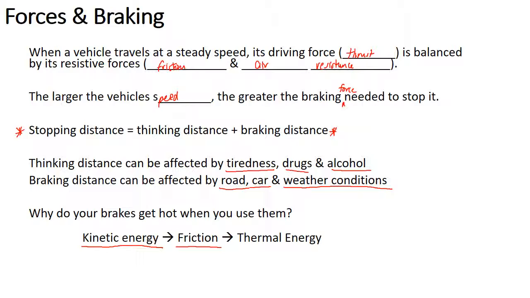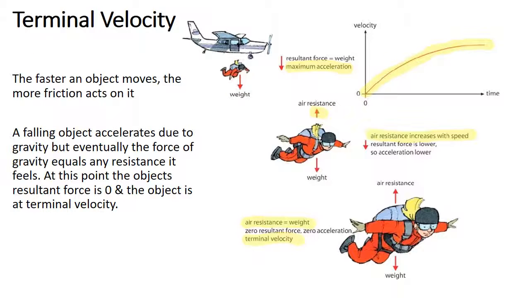And friction, remember, is when two surfaces rub together. Now, when you rub any two surfaces together, this transfers your kinetic energy into thermal energy, and this is released into the surroundings and dissipates away. So this is why your brakes get hot when you use them, because you have an energy transfer from kinetic energy with the wheels moving to thermal energy as the car tyres and the brake pads come into contact with each other.